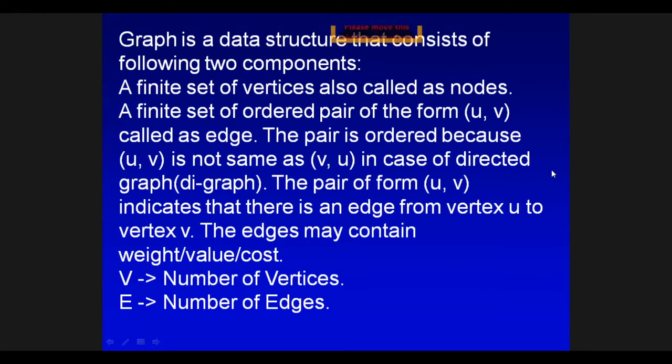That means the edge is formed from 0 to 1 with direction. If you write 1 comma 0, the direction is from 1 to 0. By default we will write UV.